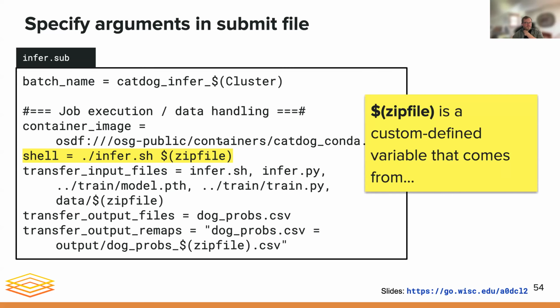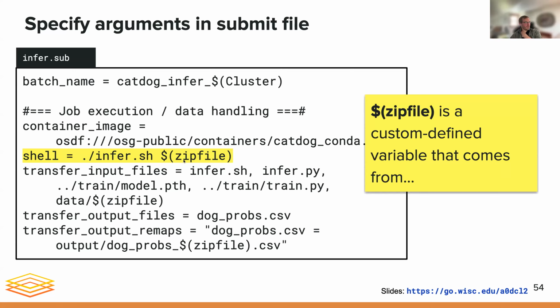Now we have to figure out how we pass that zip file name through our HTCondor job submission file. That's what this looks like here. Again, our shell is saying we're going to be running our wrapper script infer.sh, and infer.sh is expecting us to pass in the name of a zip file.